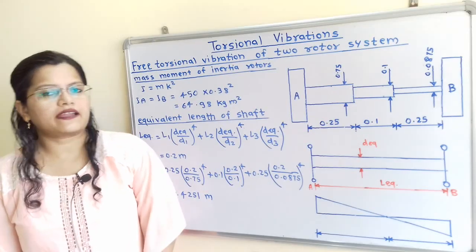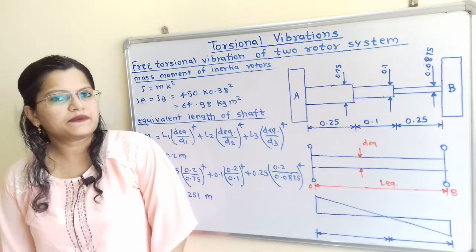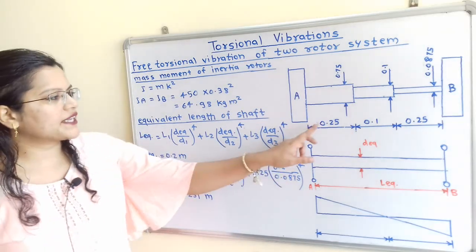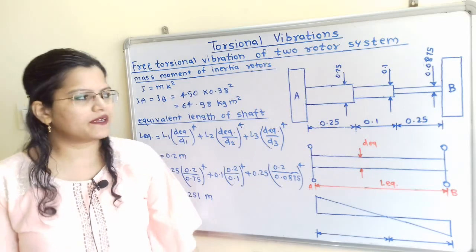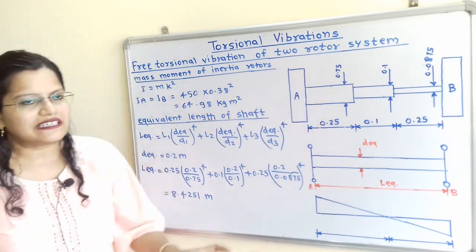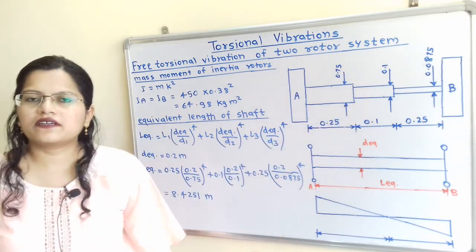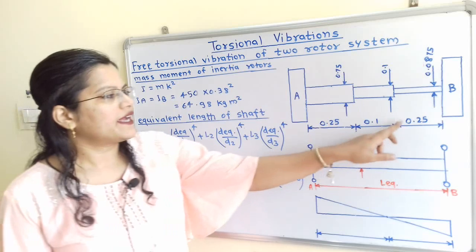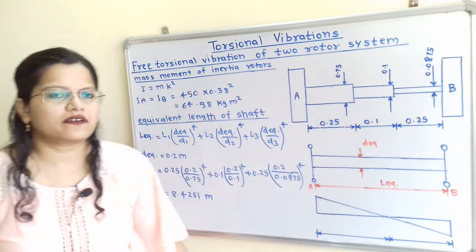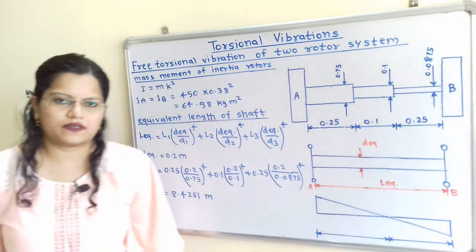Let us understand the given data with the help of a diagram. For a stepped shaft, the length L1 is 0.25 meter with diameter D1 0.75 meter. The next section has length L2 0.1 meter and diameter D2 0.1 meter, then L3 0.25 meter and diameter D3 0.0875 meter.